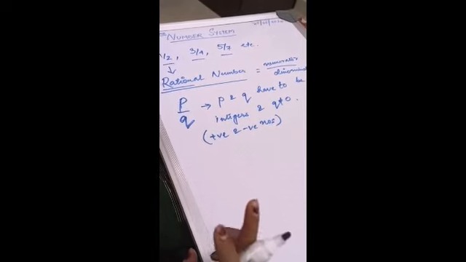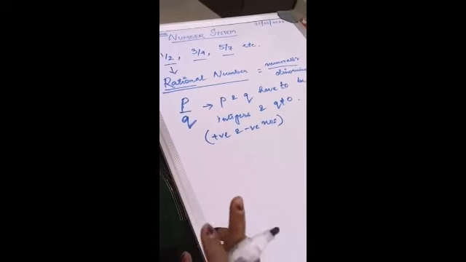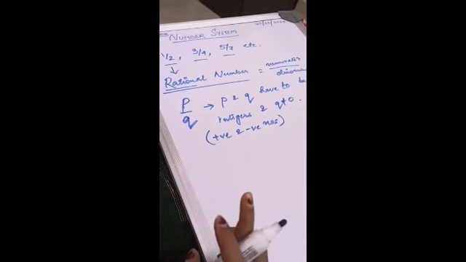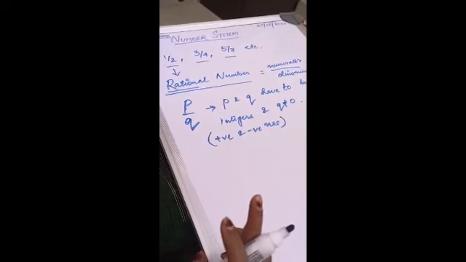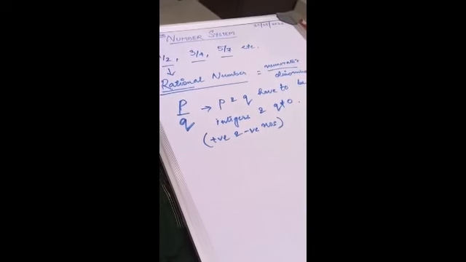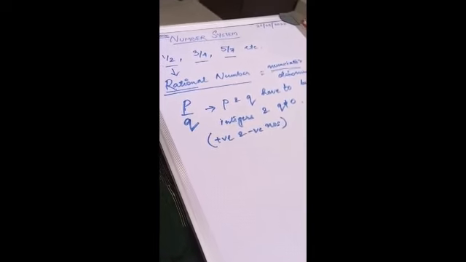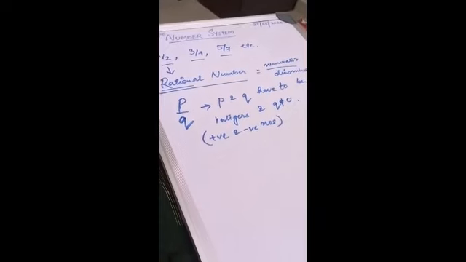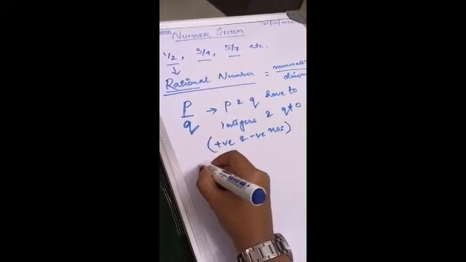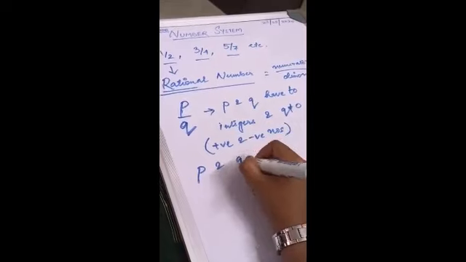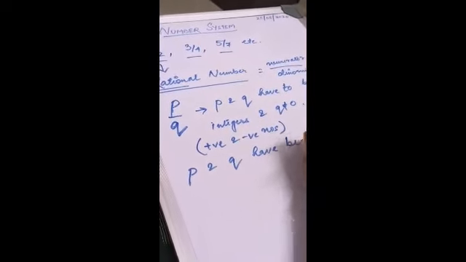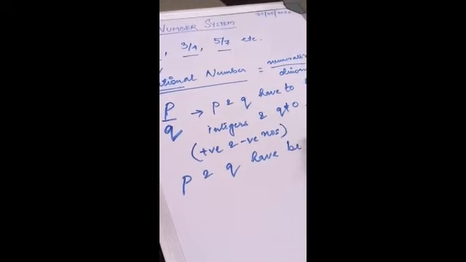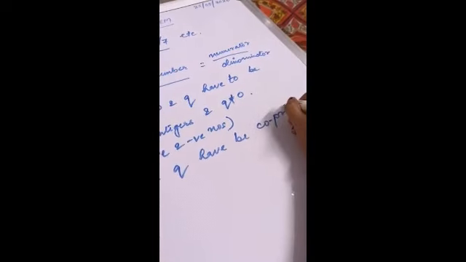So P by Q means P and Q have to be integers and Q should not be 0. Then only we can say it is a rational number. Another factor is that P and Q have to be co-primes.